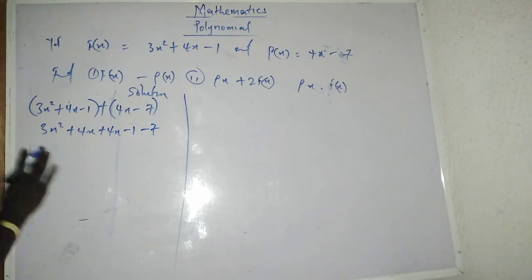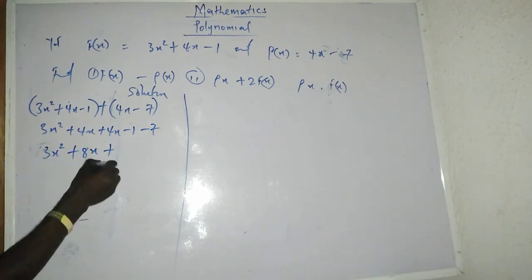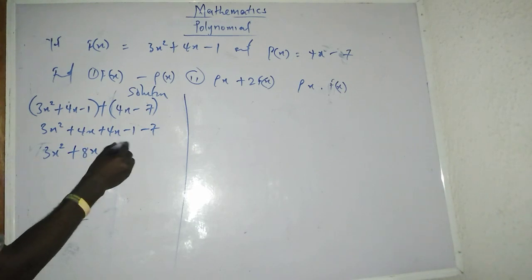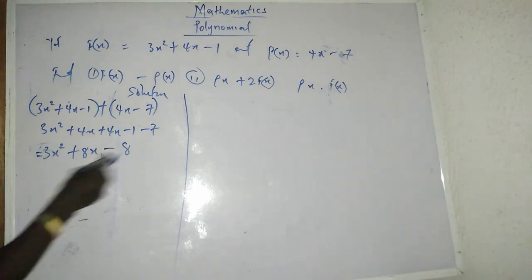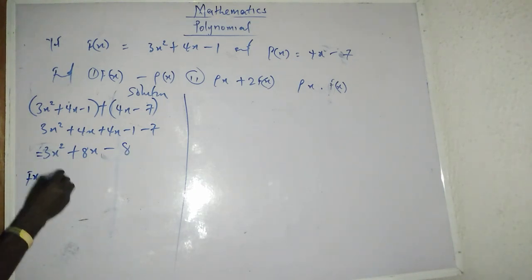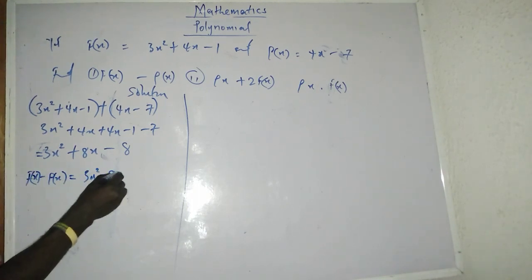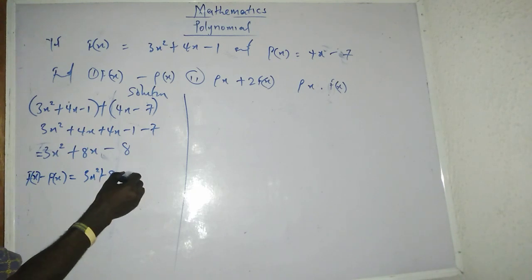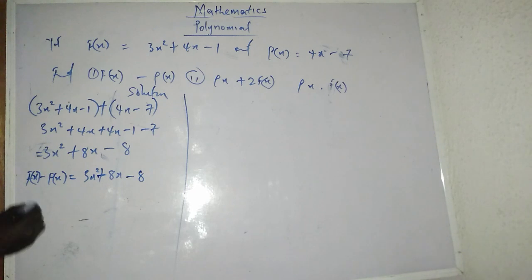My final answer will be 3x squared plus 8x minus 8. So f of x minus p of x is equal to 3x squared minus 8x plus 6. Now, this is my final answer. That is all.